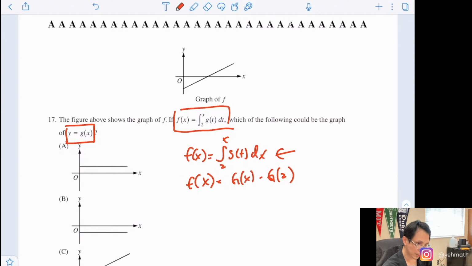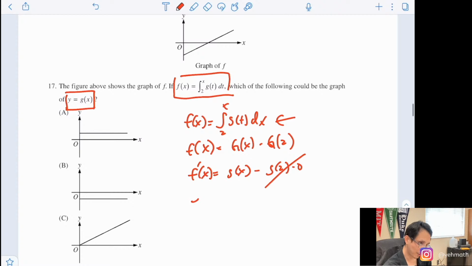And then we say, hey, we can take a derivative of this. If I take a derivative of this, it's going to be f prime of x, and this is g of x minus g of 2 times 0, so this kind of goes away. So f prime of x is equal to g of x. Now we have an f. F looks like a straight function with a slope of maybe 2, so 1/2 x.